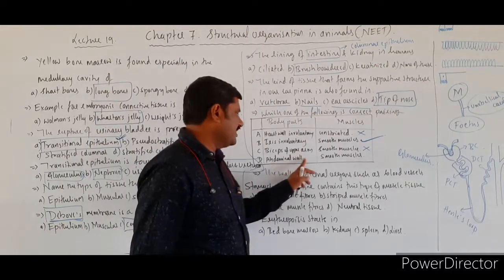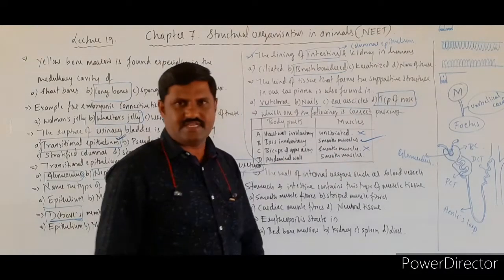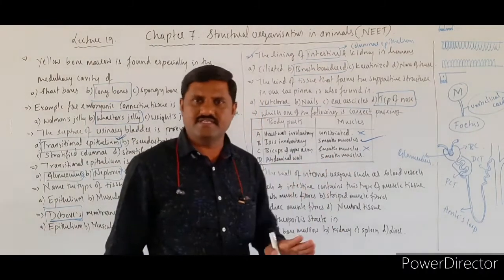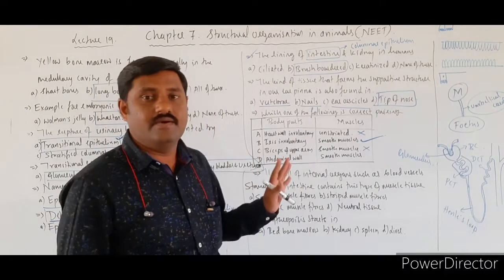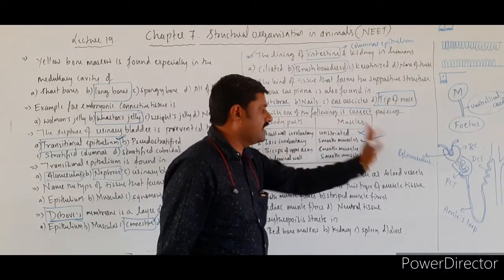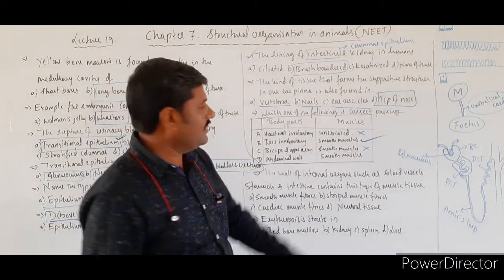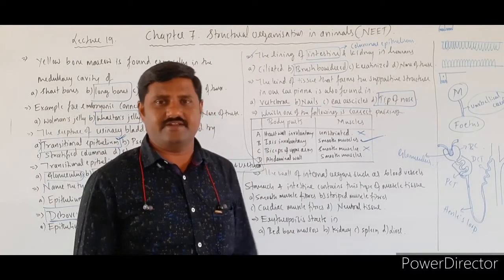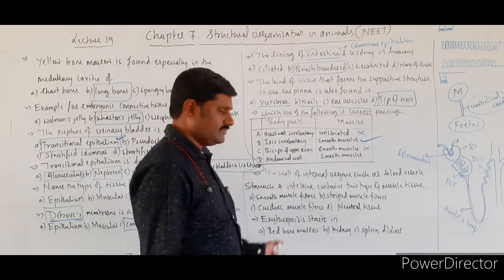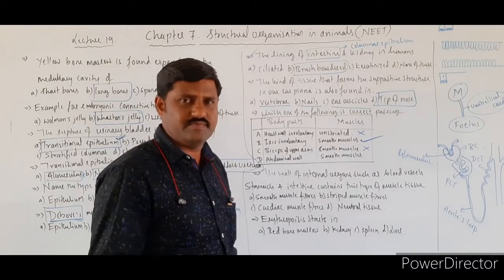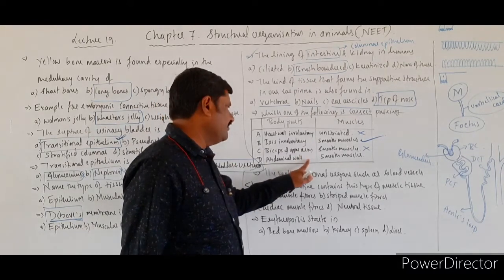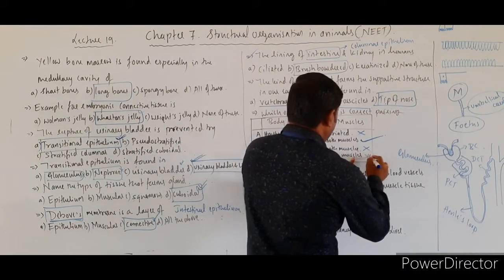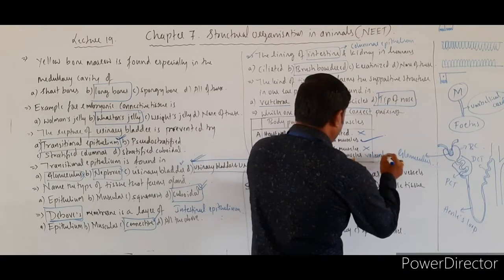Next one, abdominal wall and smooth muscles. Of course, he has given abdominal wall and smooth muscles. Abdominal wall is made up of smooth muscles, we can agree. But this is also a correct answer for the question, right? Then automatically there are two answers that you get. Again you will get confused. So some changes are made over here. Abdominal wall, which is made up of smooth muscles, is voluntary.